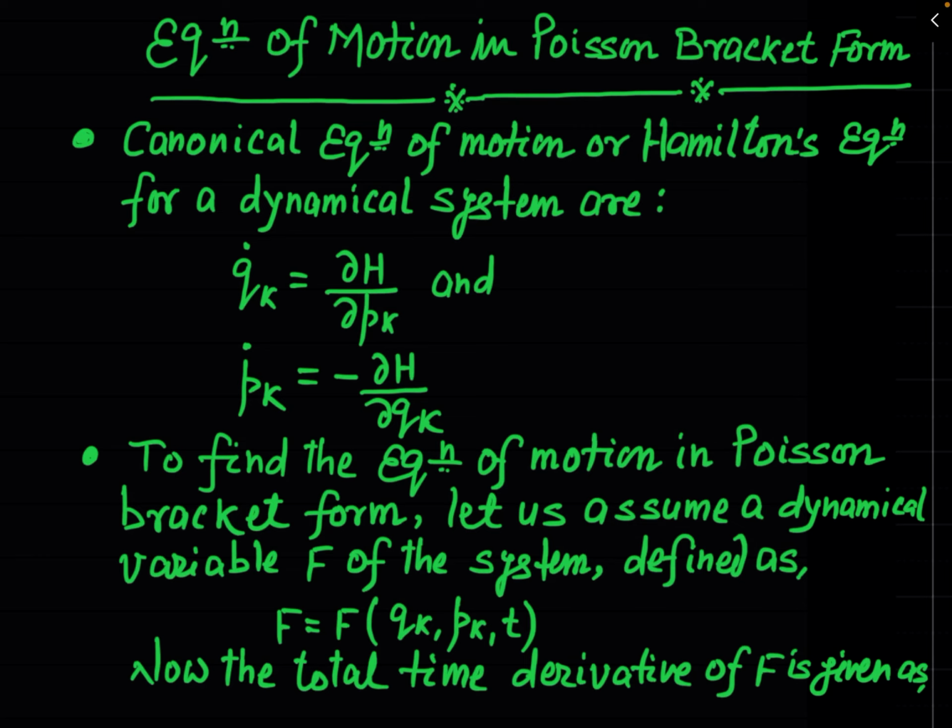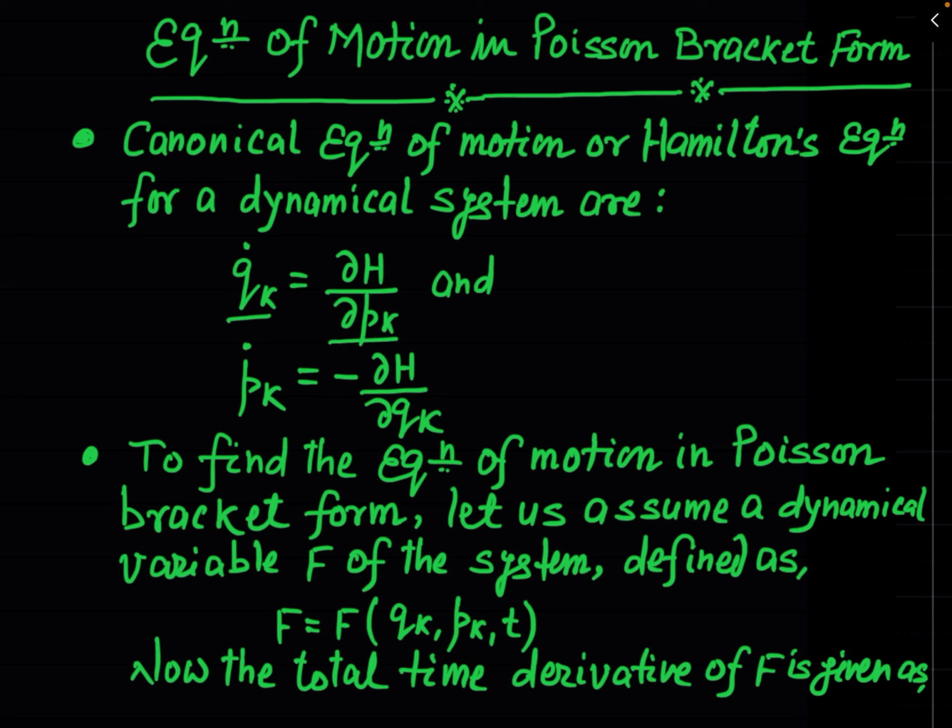So let us see how we can express the canonical equation of motion, or Hamilton's equation of motion, for a dynamical system in terms of Poisson bracket. For this, let us start with Hamilton's equations of motion. As you know, these are: qk dot equals del H by del pk.